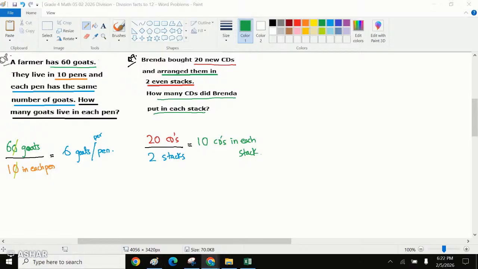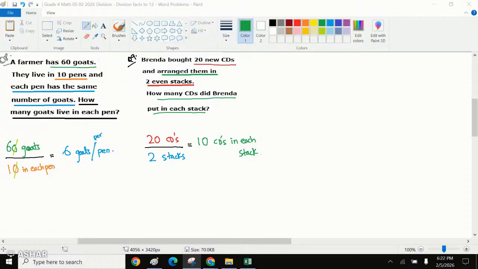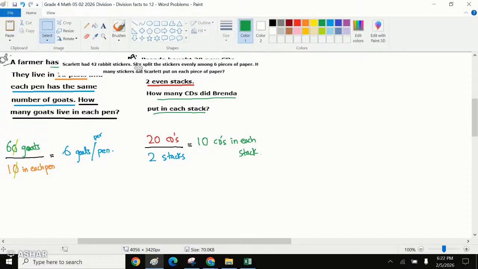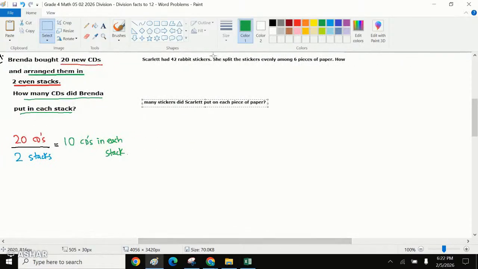Okay, moving ahead. It says Scarlett has 42 rabbit stickers. Okay, let's see what we can do with the rabbit stickers. If Scarlett has 42 rabbit stickers, just a moment, please. I just need to realign.